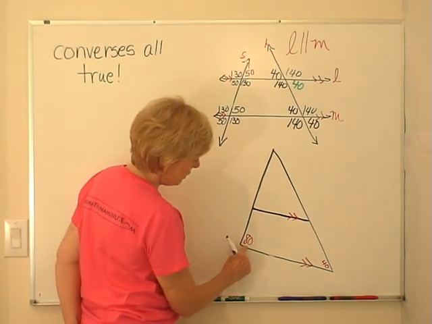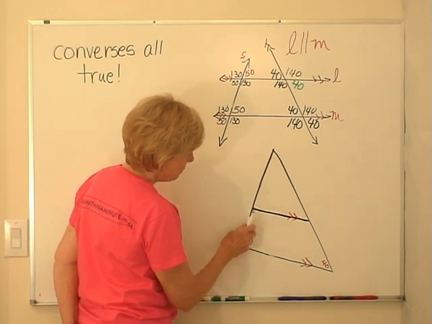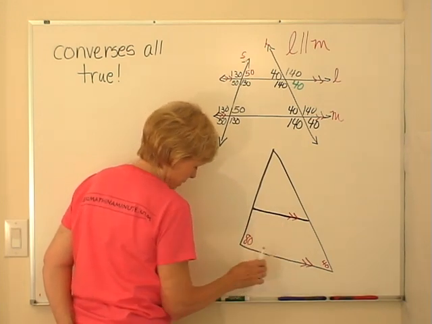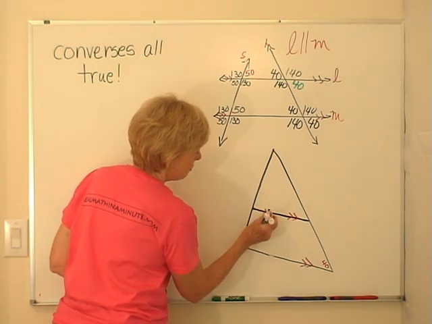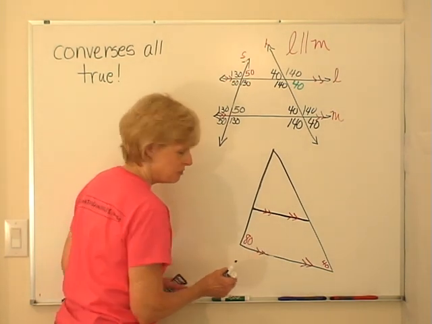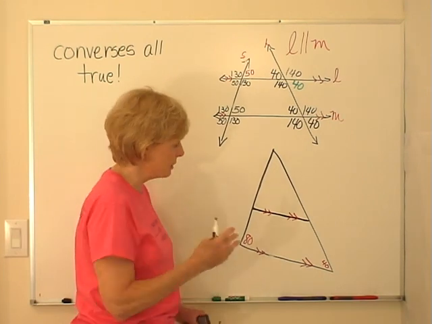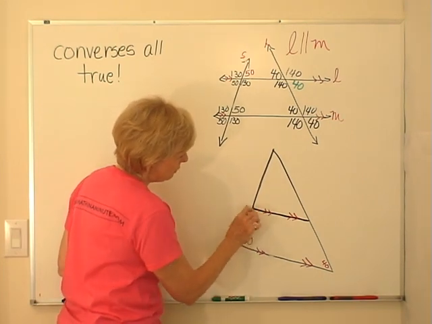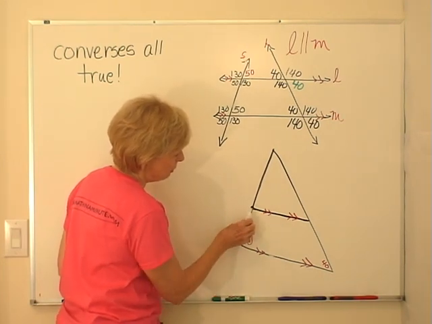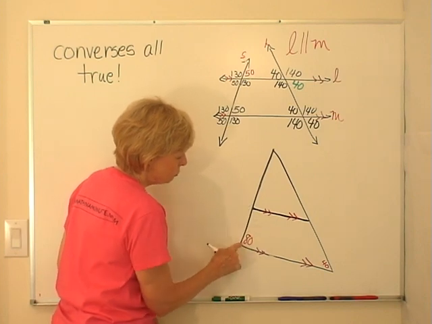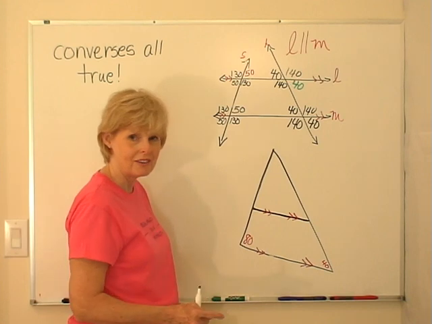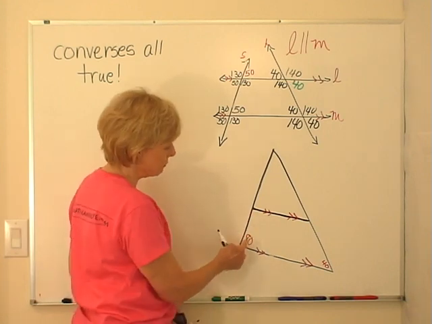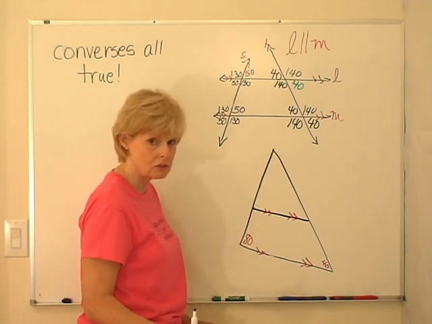Okay, so this is 80, and here are my parallel lines, and it might actually help you to mark it a little bit closer to the side, so that just might give you a little more of a visual. So that's a parallel, that's a parallel, that's a transversal. So what is true now about this angle and that angle? And think about what they're called, because they are on the same side of the transversal, aren't they?